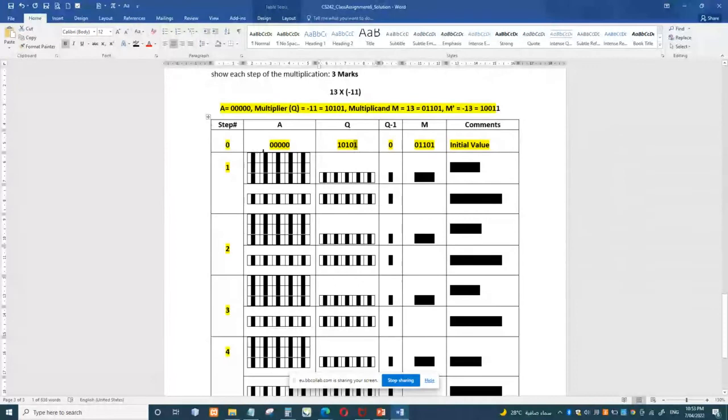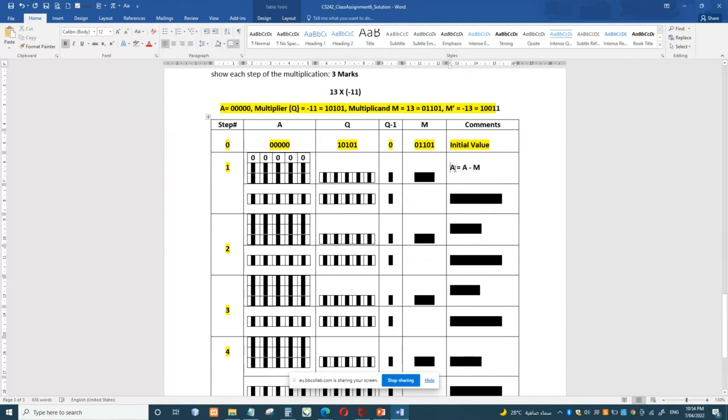Now you see that the least significant bit of Q and Q minus 1 are 1 0, so we are going to perform a subtraction operation. That means M will be subtracted from A. Now let's see what our A is. A is 0 0 0 0 0.